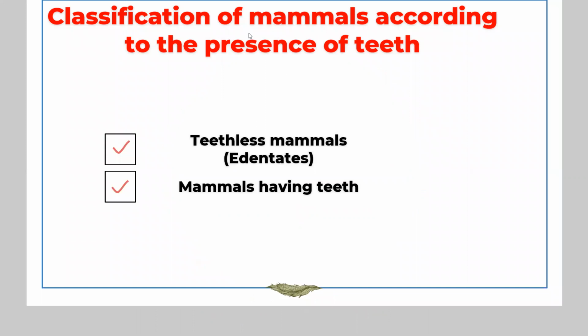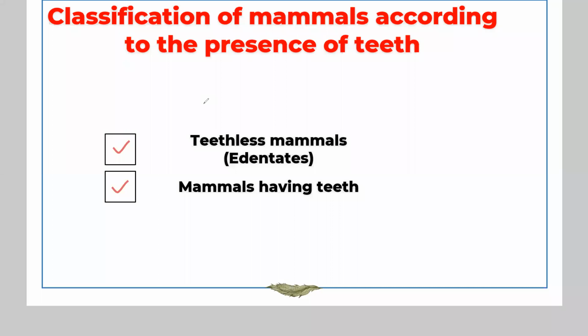In the previous video, we classified animals according to two things. The first one was, I think, the presence of supporting structures, and the second one, for the arthropods, was the number of legs.